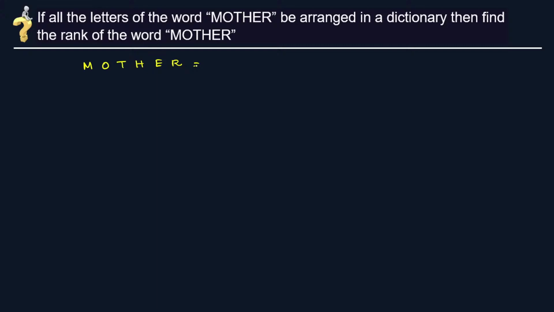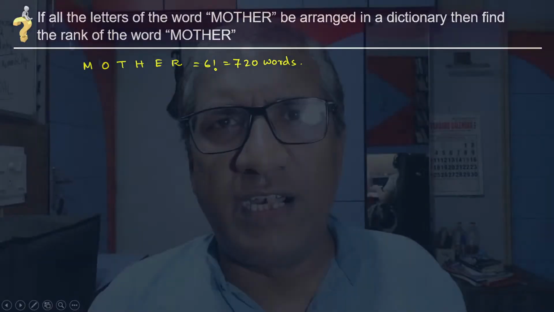We are going to get factorial 6, that is 720 words. Now in these 720 words, there is one word which is MOTHER. The question is, now you put all the words in the dictionary, so your MOTHER will come somewhere. What is the count of that word MOTHER from the very first word placed in the dictionary itself? Is it clear to all?